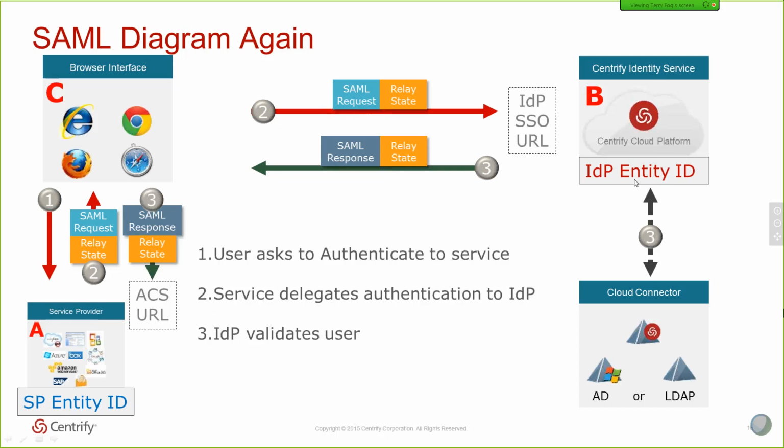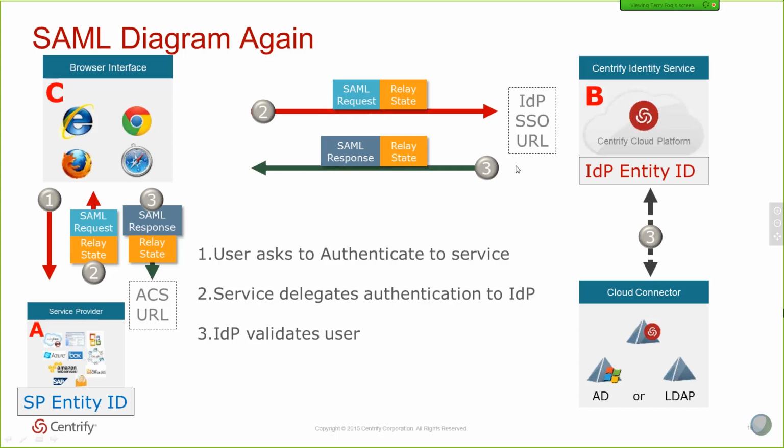And for IDPs, same thing. IDP has an entity ID. Technically speaking, every SAML application could have its own entity ID. If you have seen the issuer input field or even the set issuer in the advanced script, that's what it means.